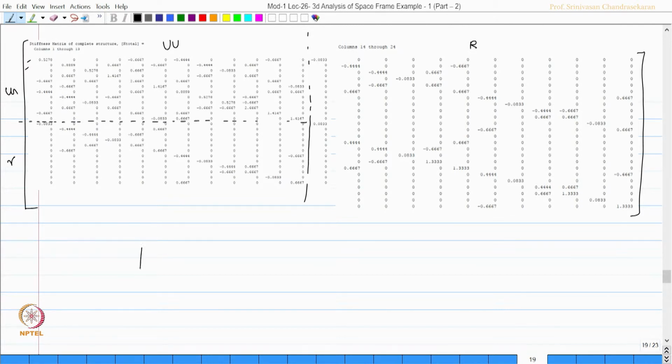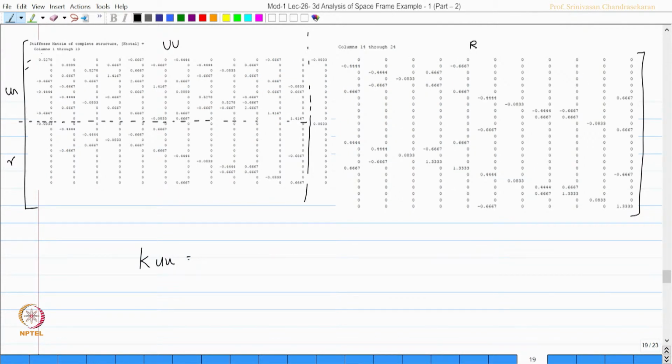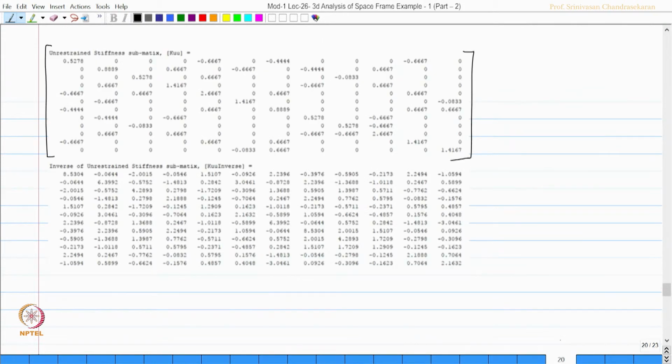So, K U U will be actually this block, the left corner, which is exactly the same as what we have here. I can check that, starting from 0.5278 and ending at 1.4167, 1.4167, 0.5278, which is going to be 12 by 12.